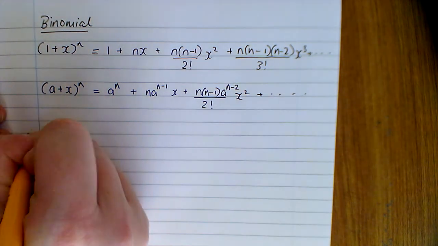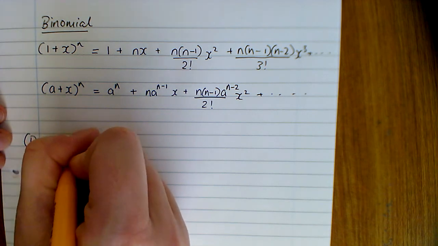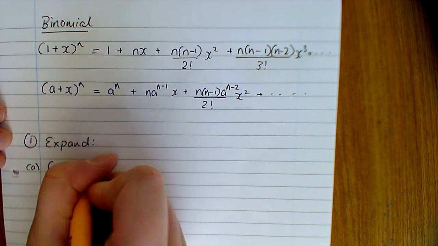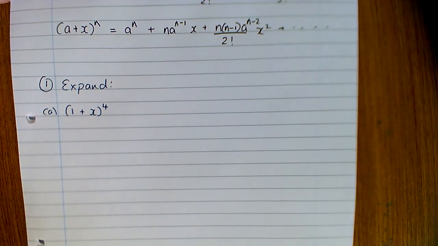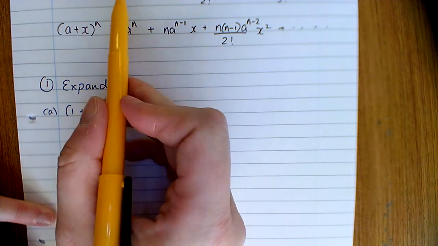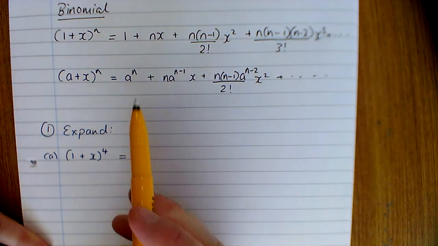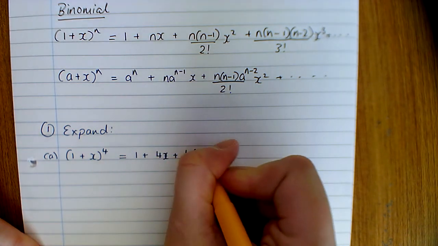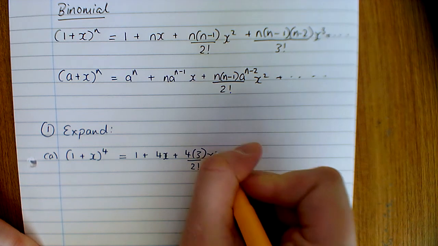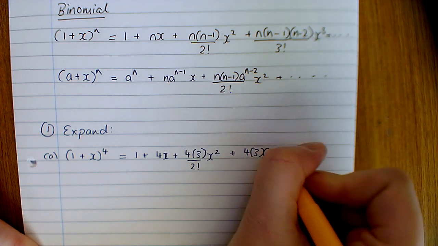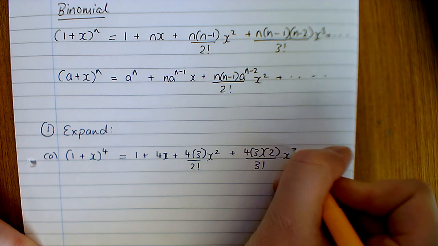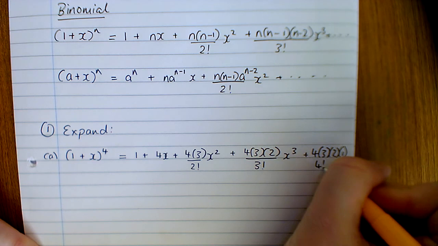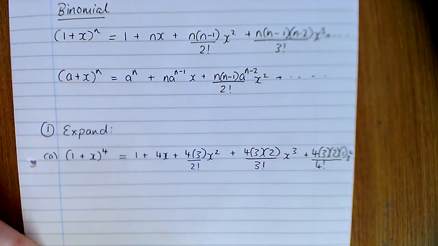So we'll start with the first few. And your question would be expand (1 + x)^4. So we're going to use our top formula: it's 1 + 4x + 4 × 3/2! x² + 4 × 3 × 2/3! x³ + 4 × 3 × 2 × 1/4! x⁴.